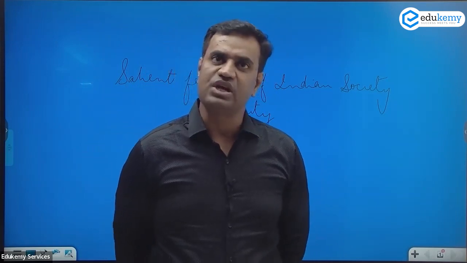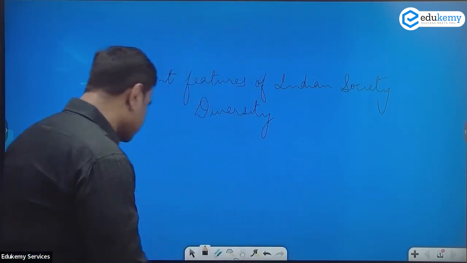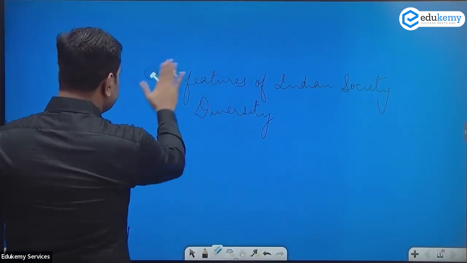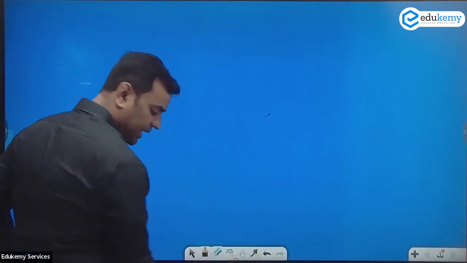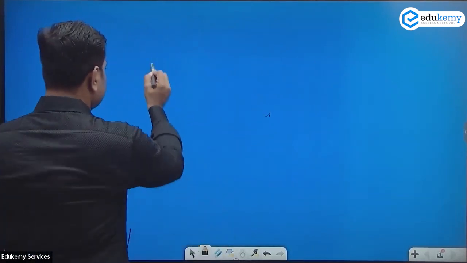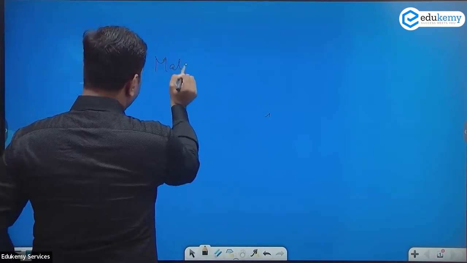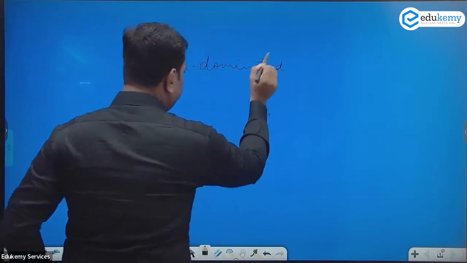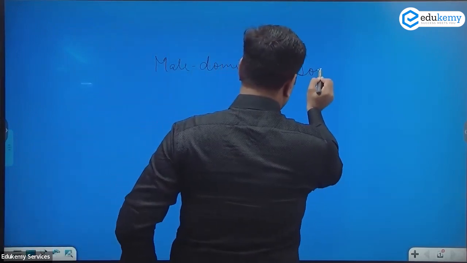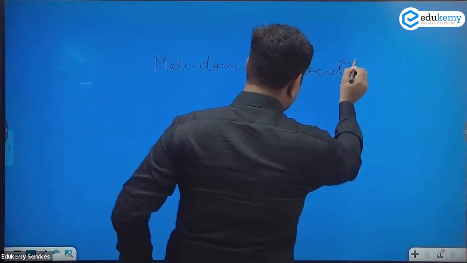So one major feature that evolved right from ancient times in Indian society was that the society has always been patriarchal in nature. That is, it has always been a male-dominated society. So right from ancient times, Indian society has been marked by male domination.